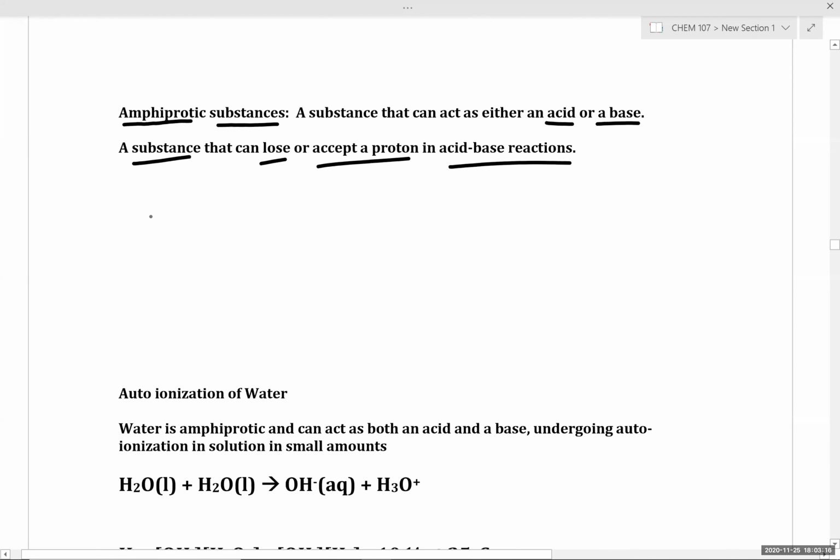So one of the more prolific amphiprotic substances is water. Water can function as an acid in some reactions.